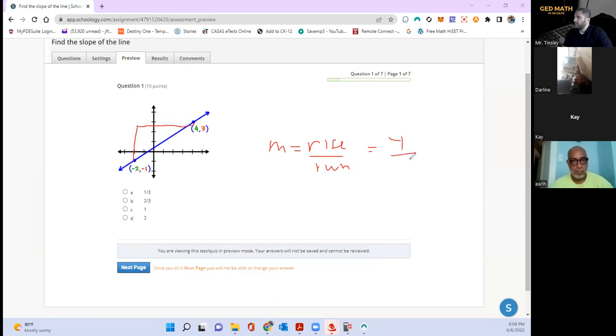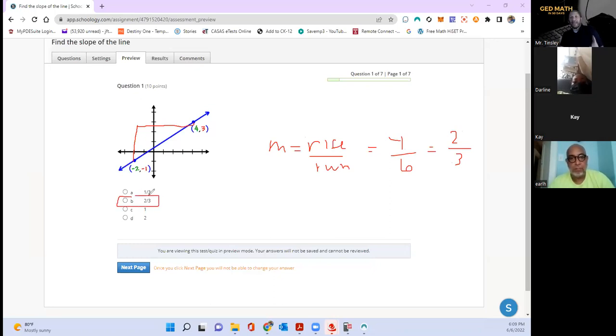So my run is 6. So my slope of this line is 4 over 6, but that's not in lowest terms. So we must reduce to lowest terms. Our greatest common factor is 2. So 2 goes into 4 2 times, 2 goes into 6 3 times. So the slope of this line is 2 over 3.